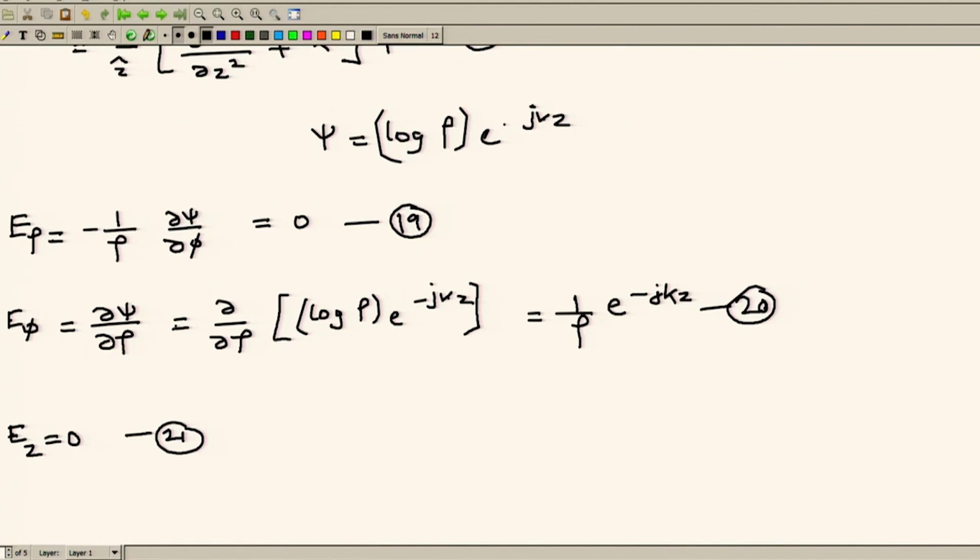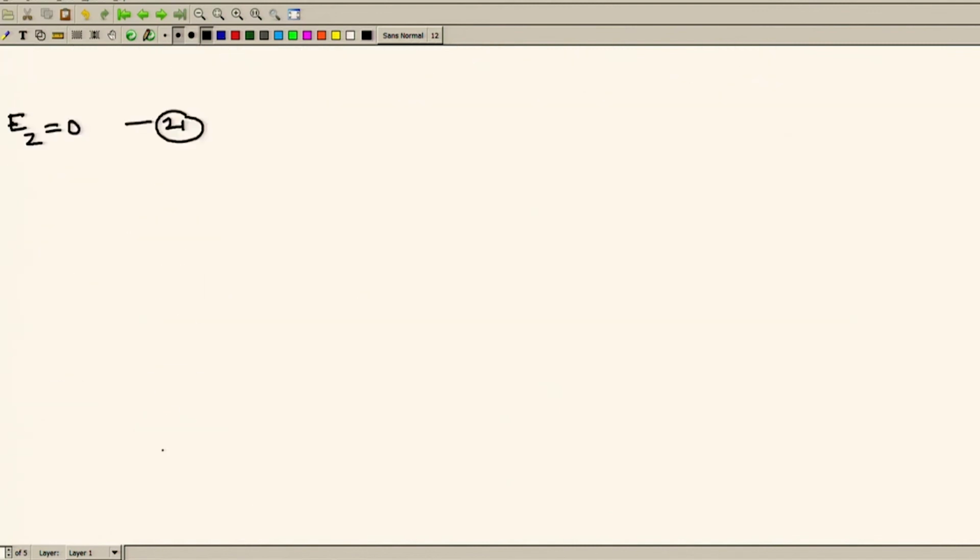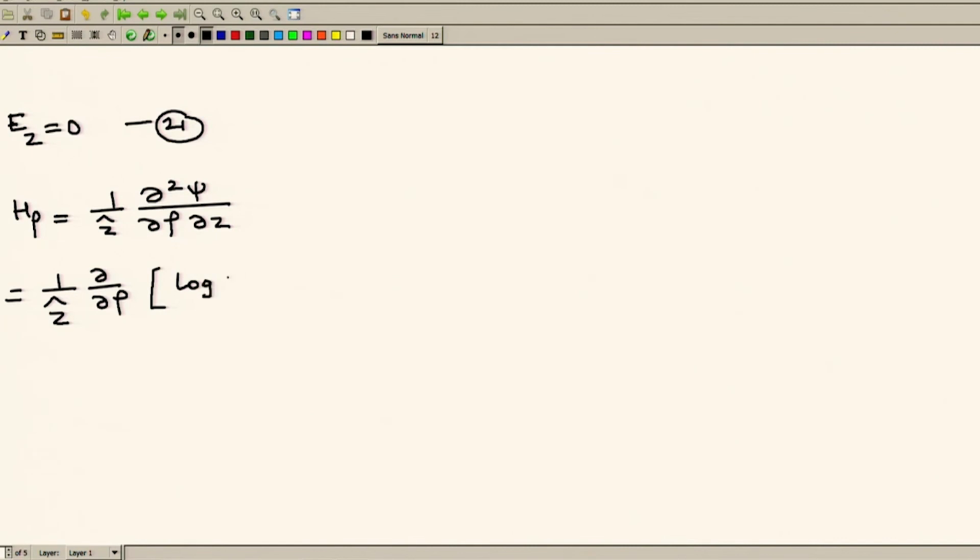Now, the H fields. So, we have H rho as 1 upon Z cap del square xi upon del rho del z. So, first differentiating psi with respect to z, we will get log of rho e to the power minus j k z times minus j k.